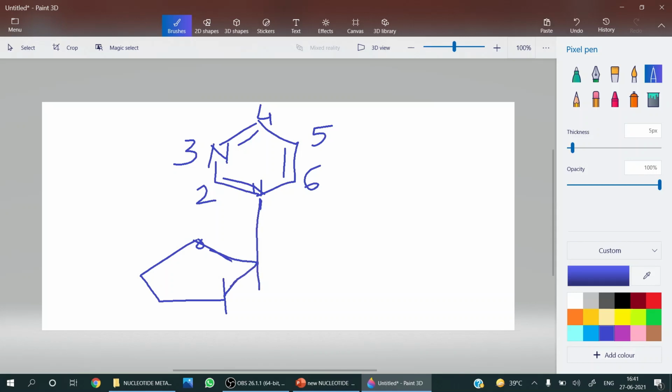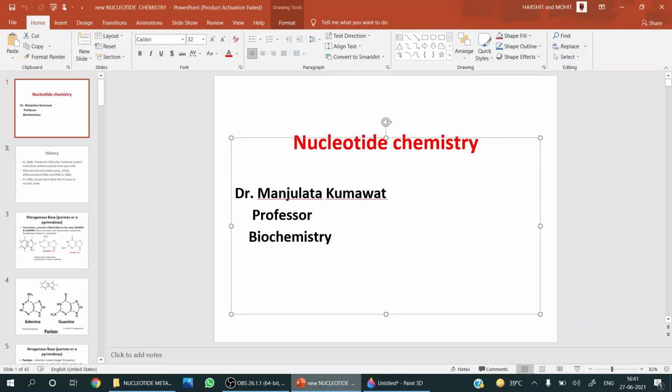This is the 1' position, this is the 2' position. So in case of pyrimidine, N1 of pyrimidine attaches with the 1' position of sugar to form N-glycosidic linkage, with the removal of water moiety. Now we will see the slides.